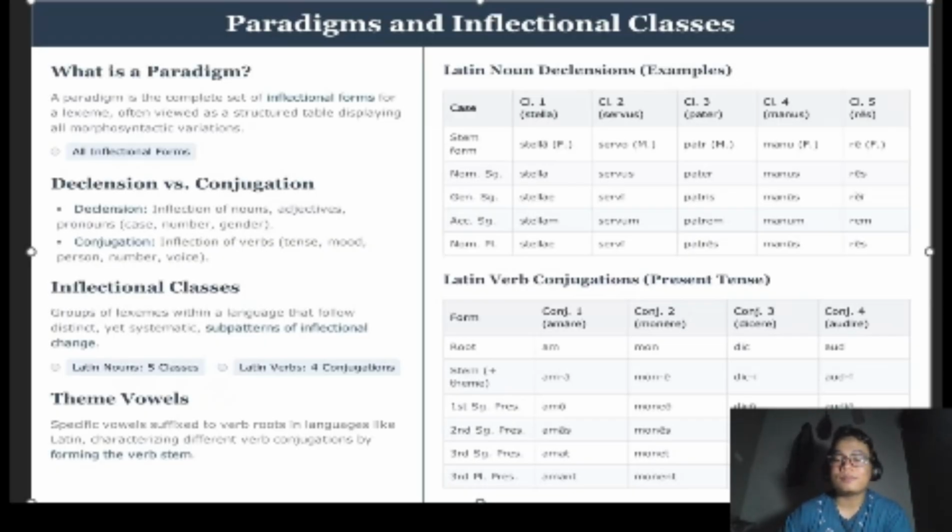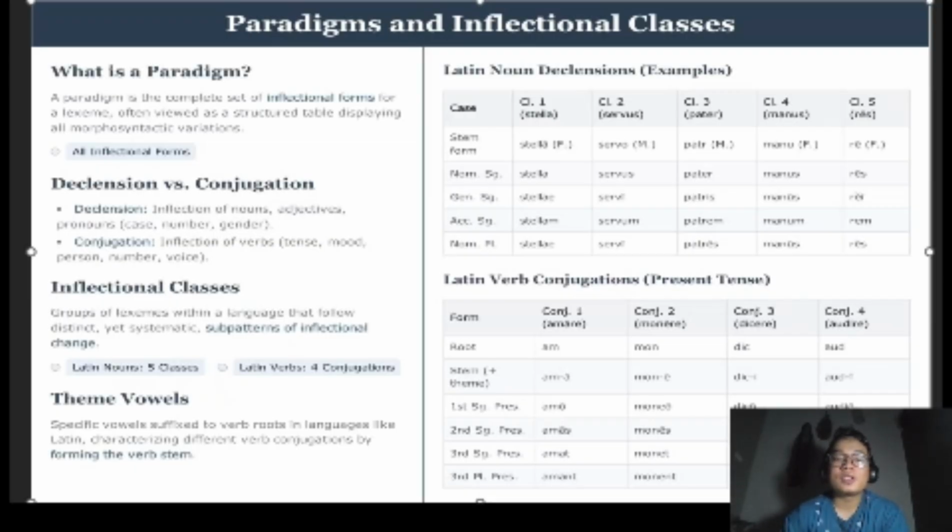Let's continue. These vowels don't carry meaning, but they tell you what ending the verb will take in the paradigm. The takeaway: inflection isn't random. It's organized into classes, and these classes define the shape of the paradigm.